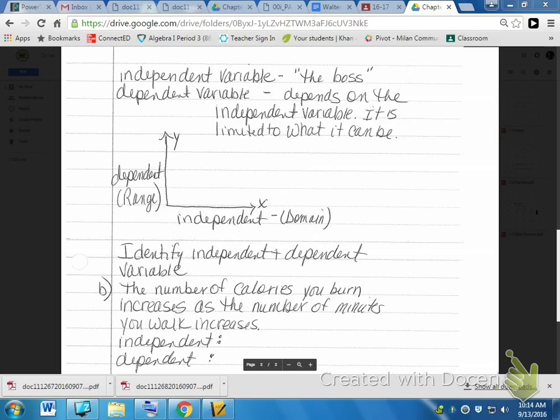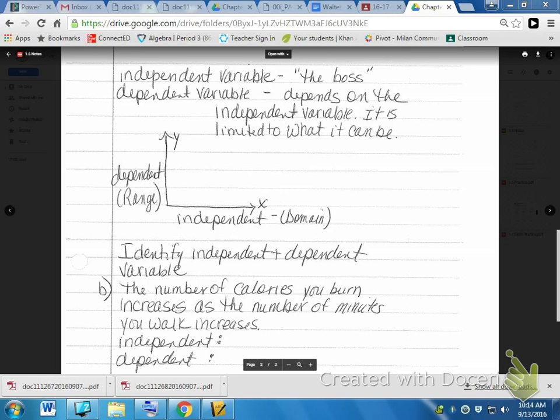So the example B: the number of calories you burn increases as the number of minutes you walk increases. So, what is the boss? What does one depend upon?